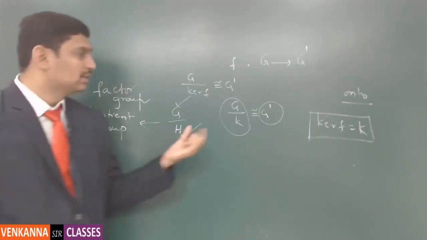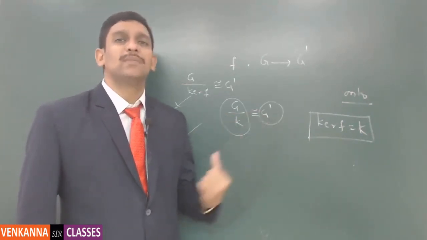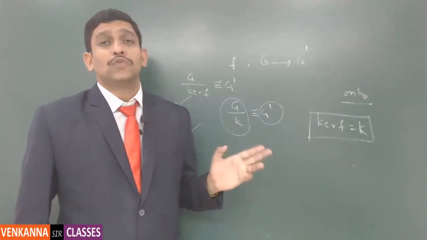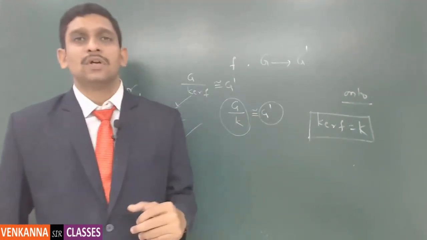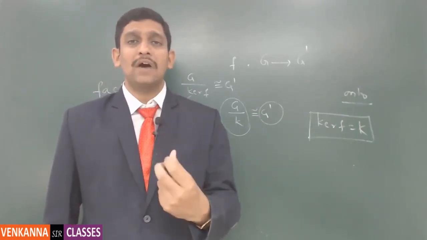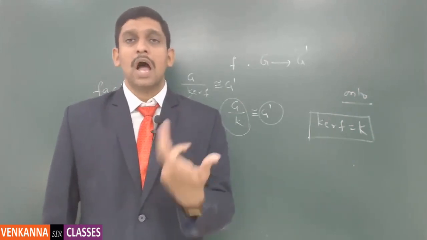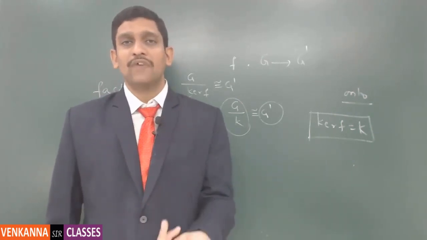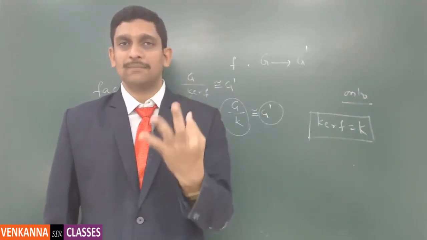Here the operation is multiplication, and here also the operation is multiplication. If you want to prove that these two groups are isomorphic, what is the definition of isomorphism? We should have a function between the two groups and prove that the function is one-one, onto and a homomorphism.